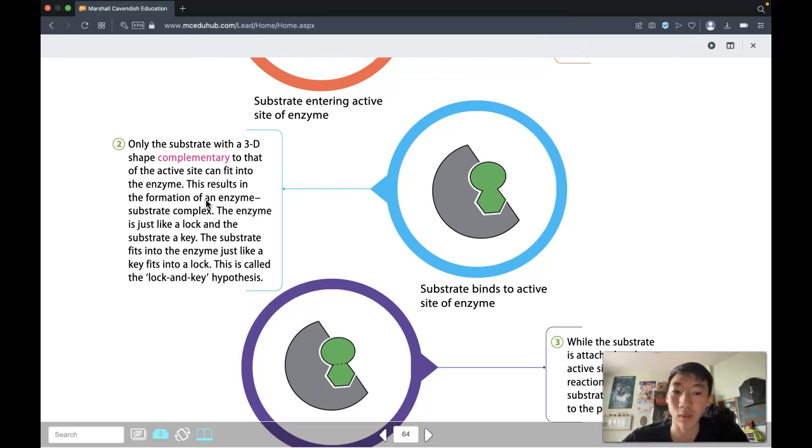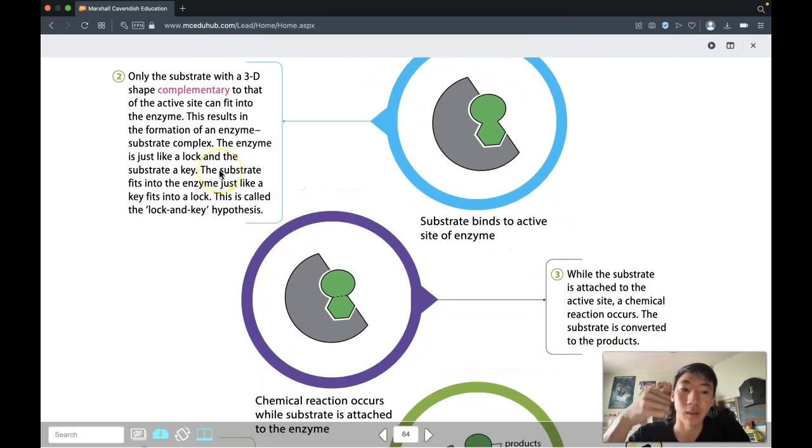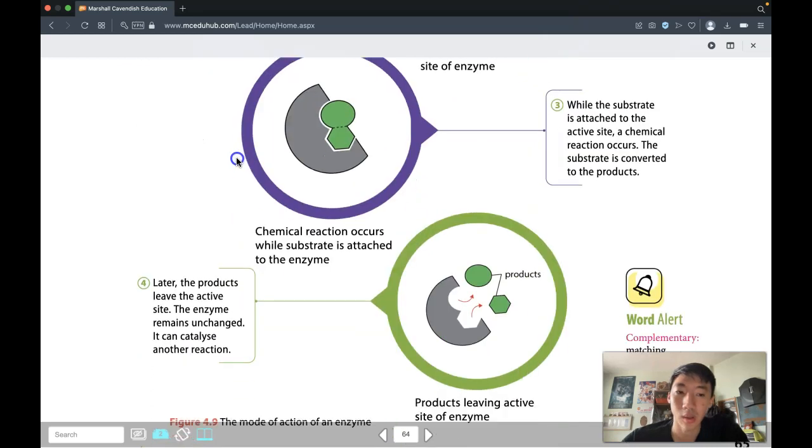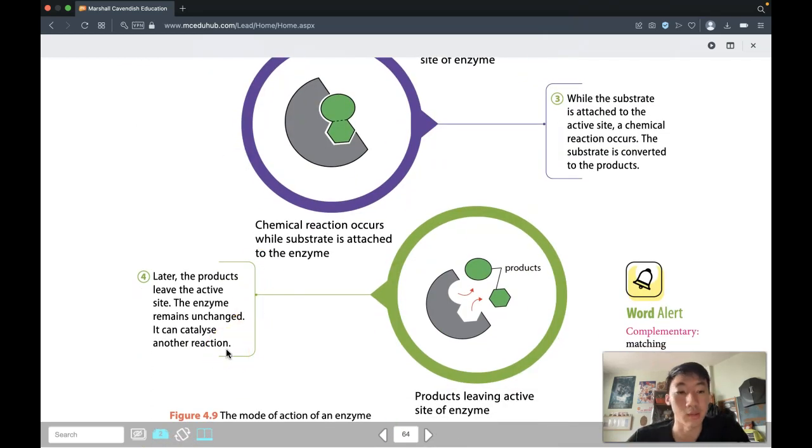SPU stands for substrate, products, and unchanged. So I will start by saying the substrate is broken down into its products, which are maltose. In this case it will be maltose because it's from starch. Then I'll end it off by saying the enzyme remains chemically unchanged and it can catalyze another reaction.